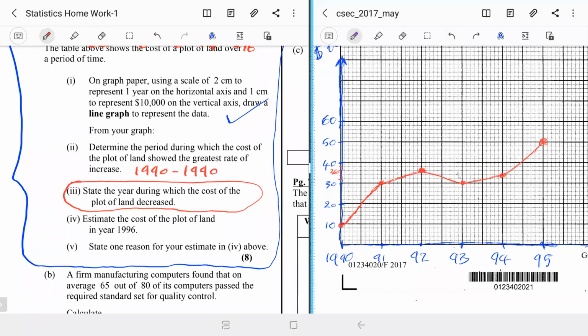Don't assume that the period from here to here is from January to December. You don't know that. You specify by saying 1992 to 1993 as represented on the graph. So 1992 to 1993 is the answer for that one.